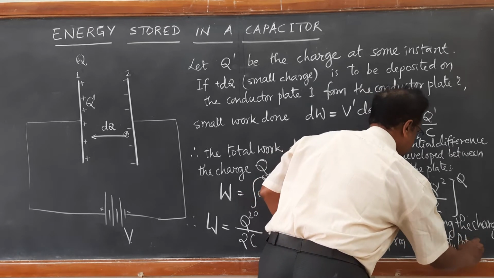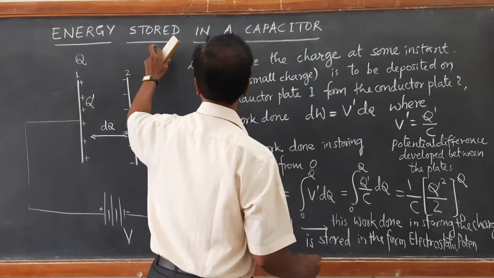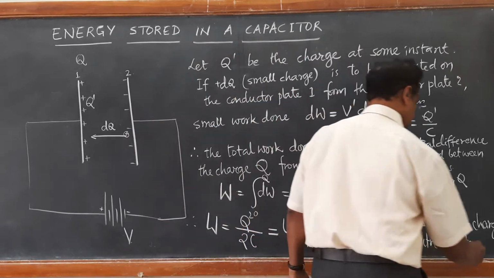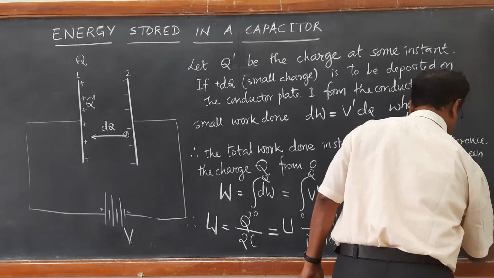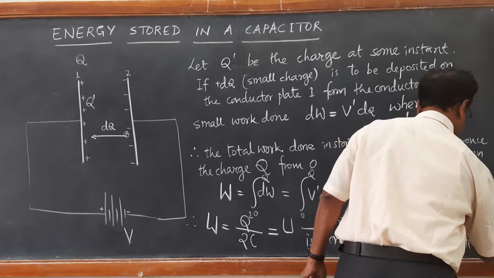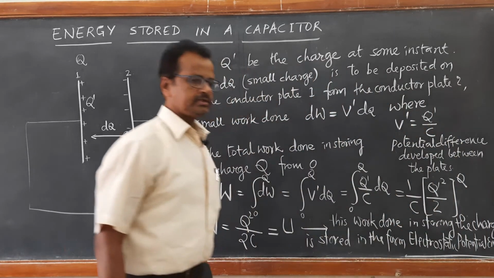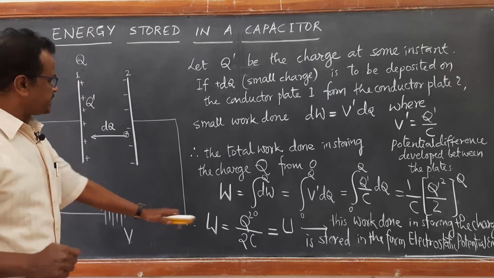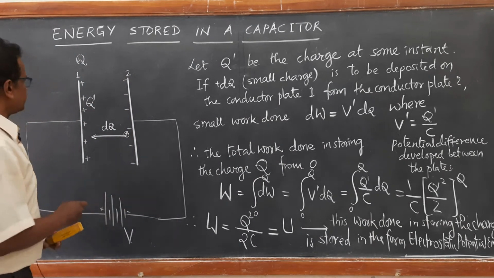That itself we call as energy stored in a capacitor. Electrostatic potential energy. Now this can be expressed even in other forms.